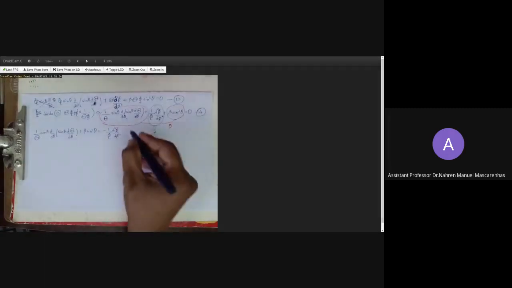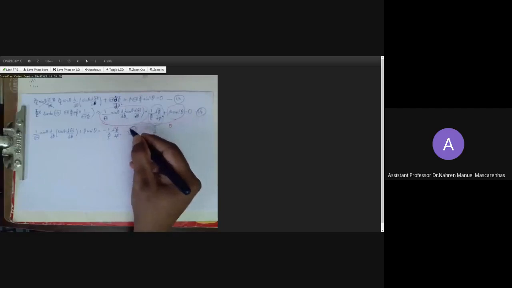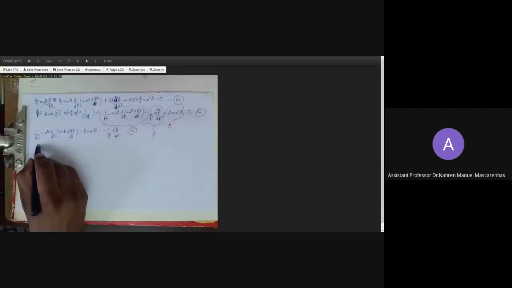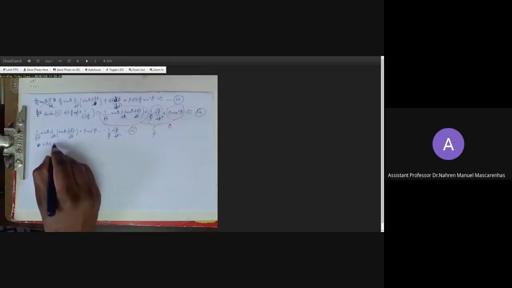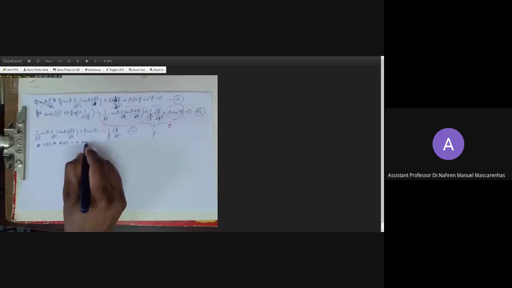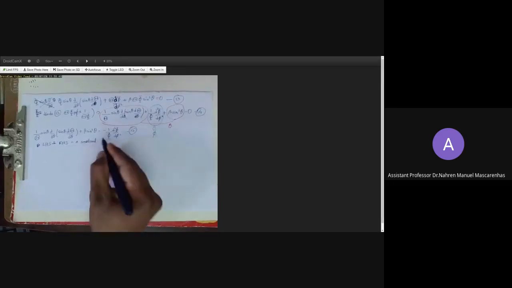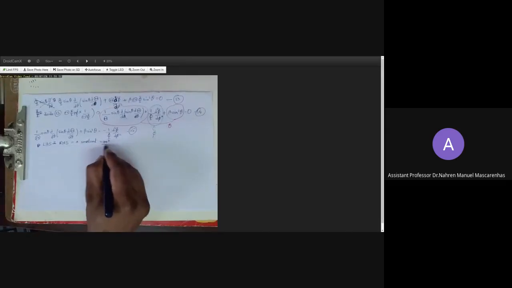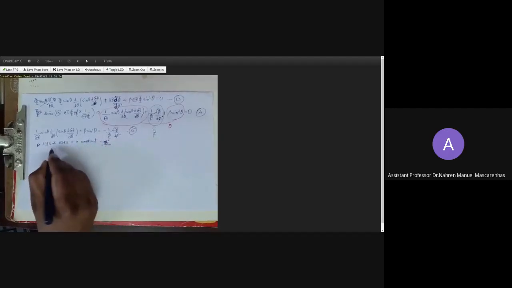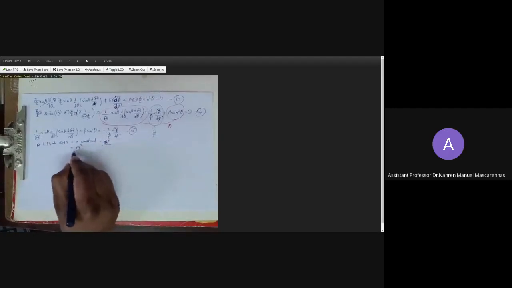Now this equation can be satisfied only if both LHS and RHS are equal to a constant, and we'll call this m square.